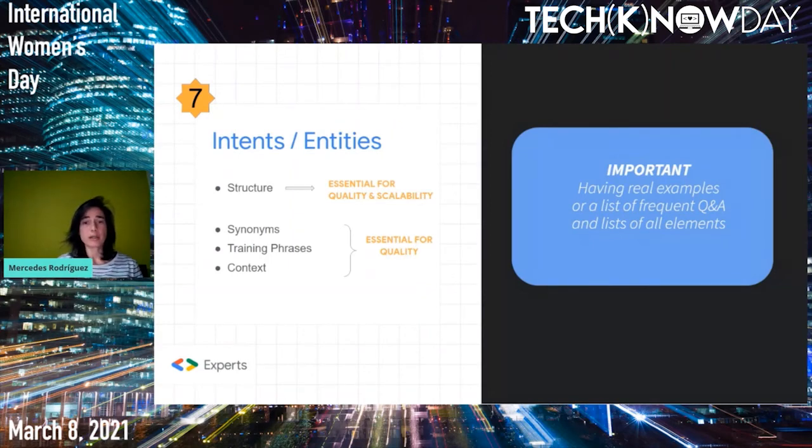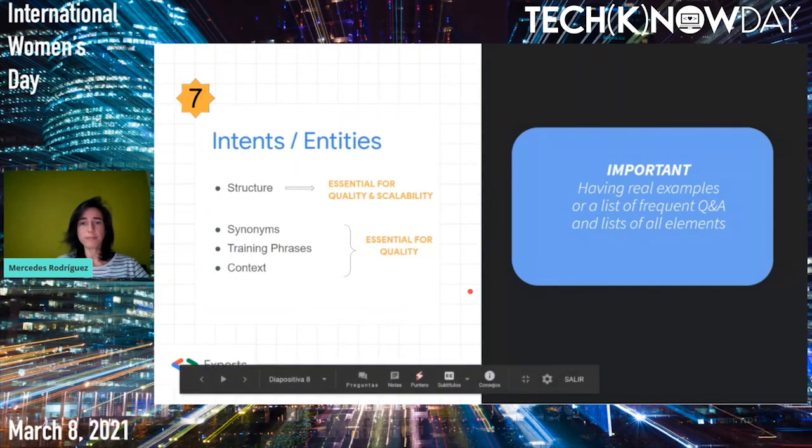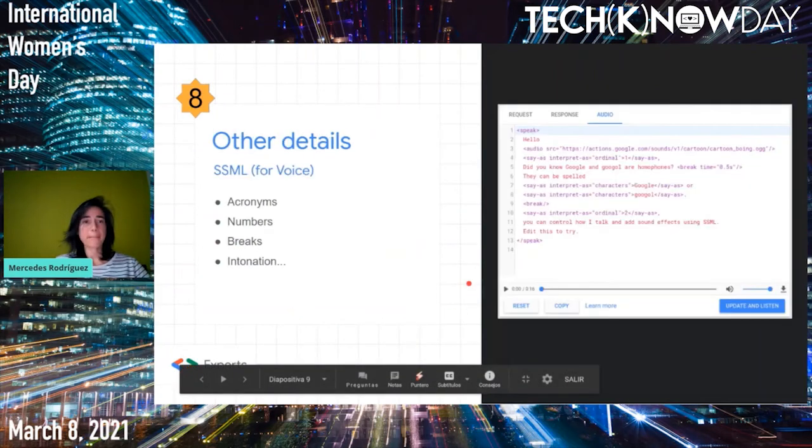But if you ask the agent, where is the closest bank office, and then you answer, when does it open, they lose context, and they don't know what you are talking about, and so they cannot give you an answer. So keeping context all the time is essential for quality and for success.